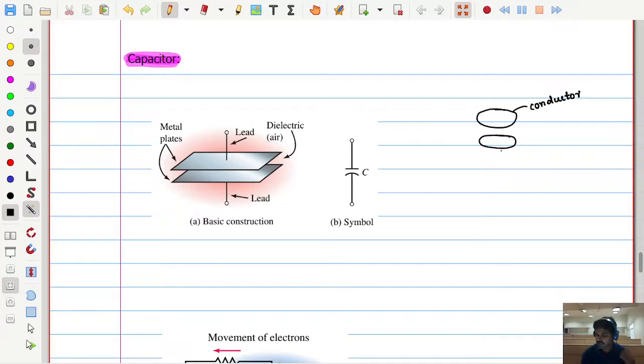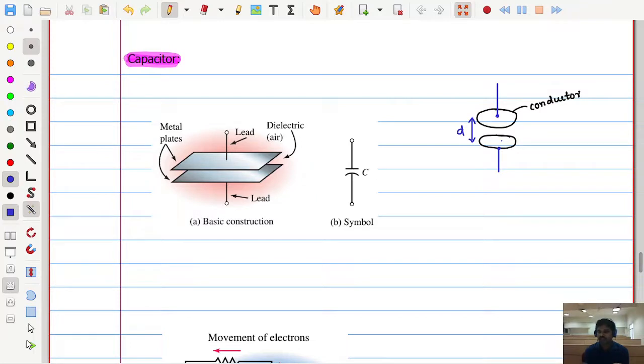What I did is that I would like to join some wire with this coin, and on the bottom coin also I would like to join some wire. And if you observe, these 2 coins are separated by a distance d. These are conductors, like plates.